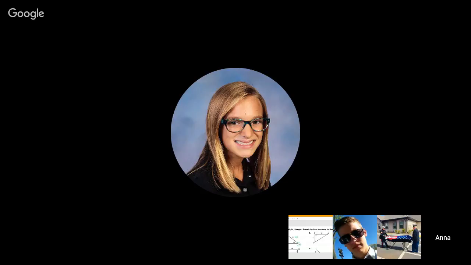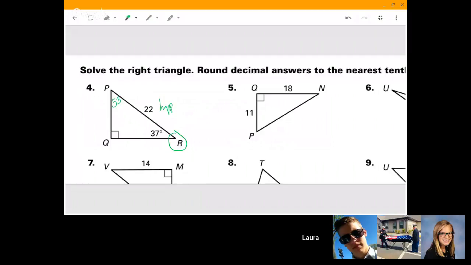So, if you're at angle R, QR, the bottom of it, would be your adjacent, and QP would be your opposite. So you can use whichever sine or cosine, whichever you like, to find one of those sides first.